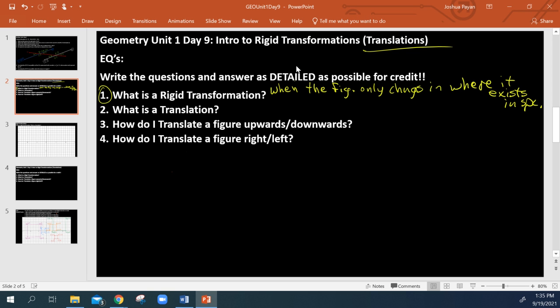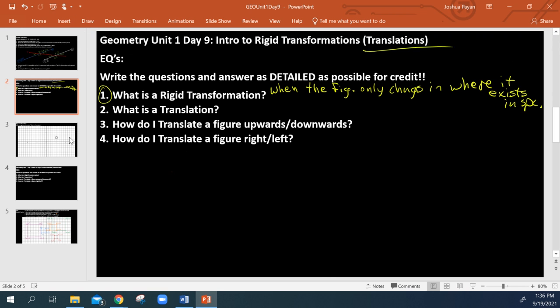Okay, so the size of the figure remains the same. It only occupies a different area of space. It doesn't occupy a larger or a smaller area. It occupies the exact same amount of space, but it basically just moved somewhere else.